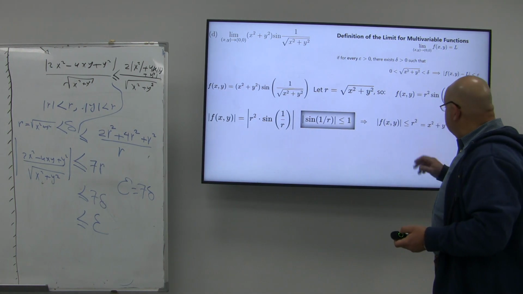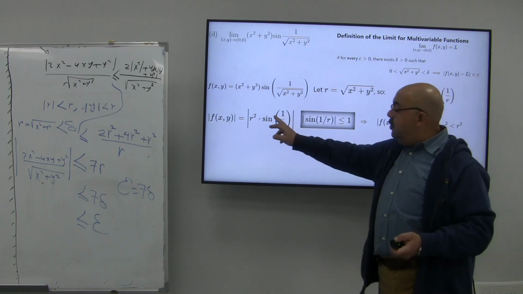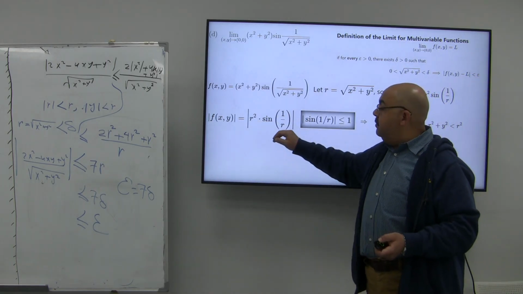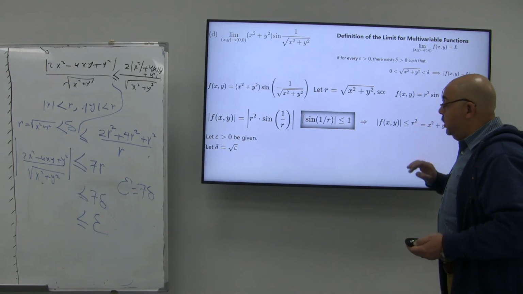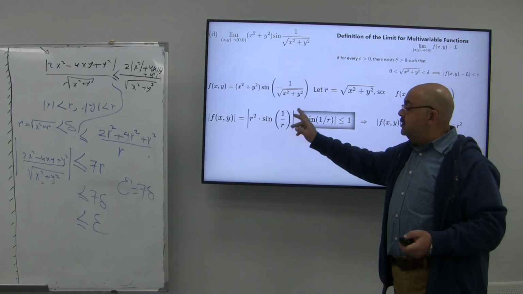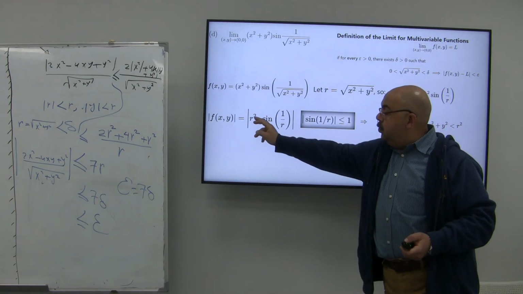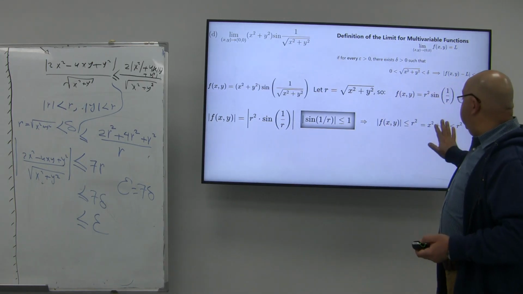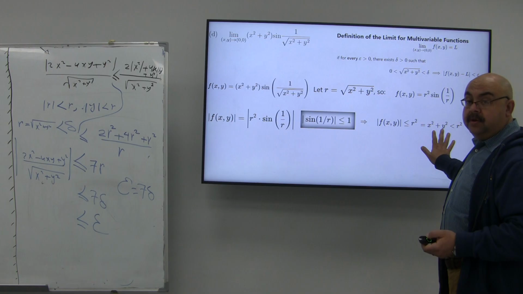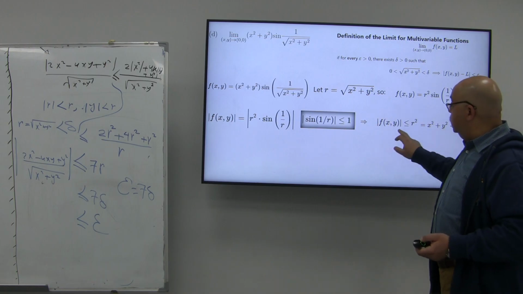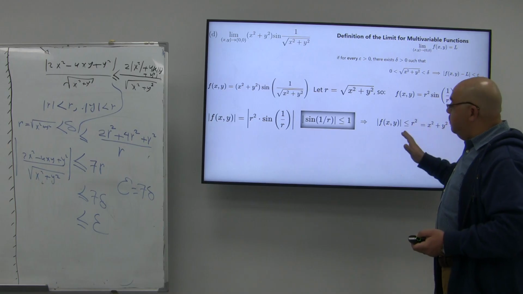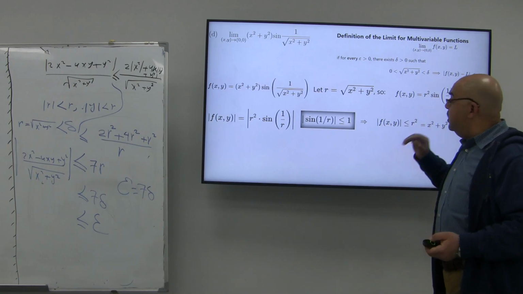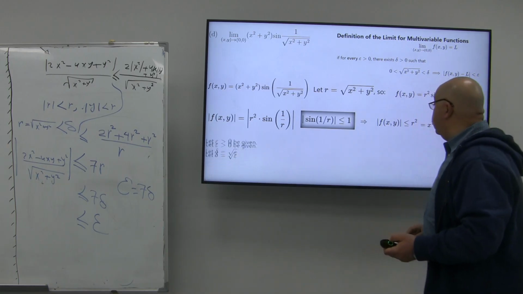So mainly we will have this, which is x² + y², less than or equal to only r². And that's the fact that we will depend on. So the value of the function will be less than or equal to r², because the maximum that sine can hit is 1.